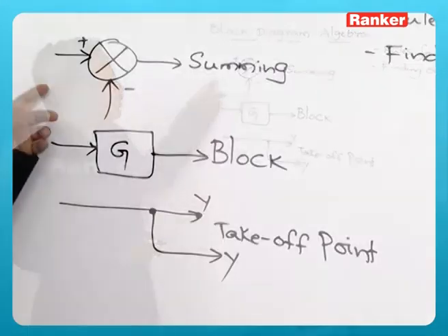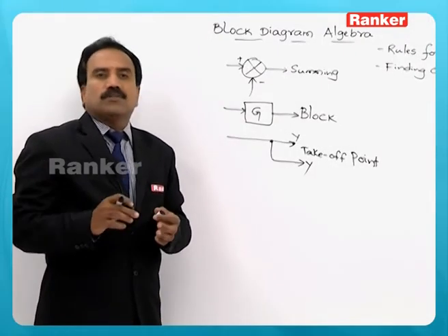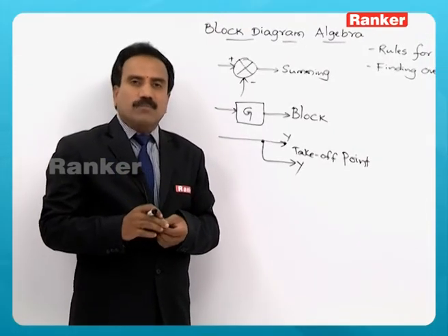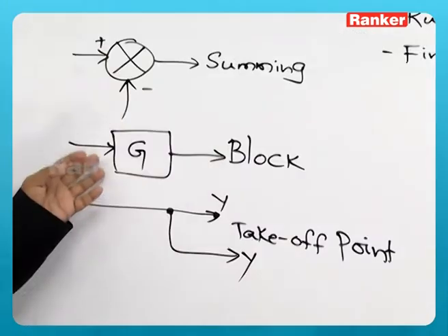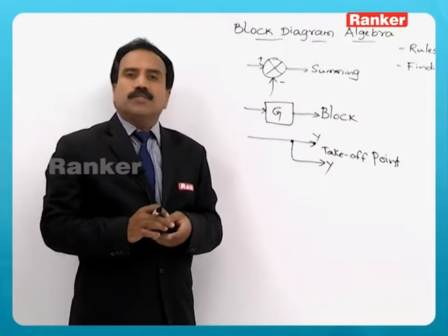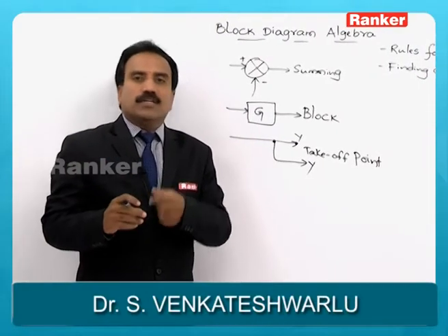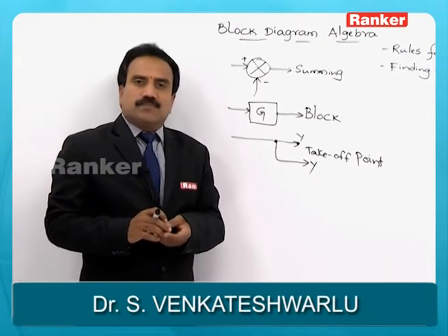So, these are the 3 components of a block diagram, but any system, when it is represented in the form of a block diagram, may consist of several blocks, several summing points, several takeoff points. The system may look very complex, but I am interested in the overall transfer function of the system.